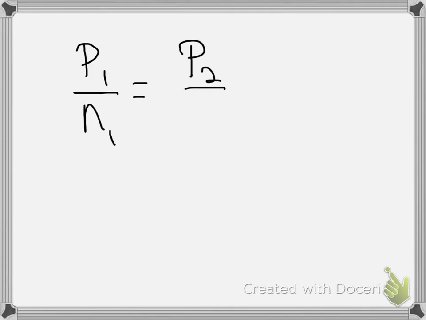Another way to think about these problems is to use this equation, P1 over N1, my pressure divided by my amount of box 1, is equal to after it changes, the pressure divided by the amount after a change. So in this case, I'm doing the same thing. I'm just plugging in my numbers.